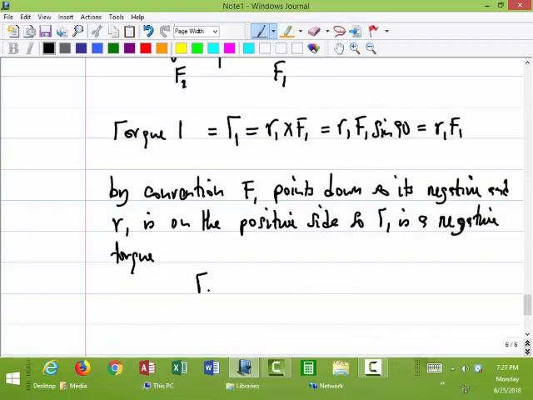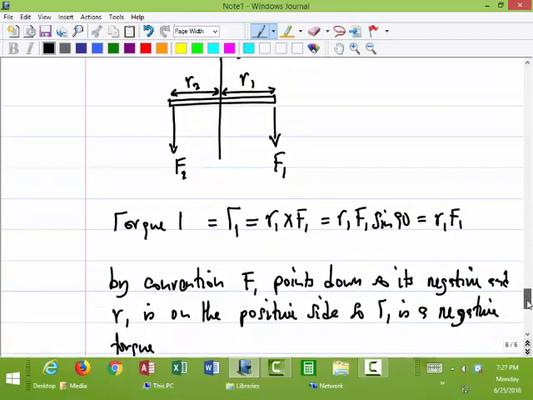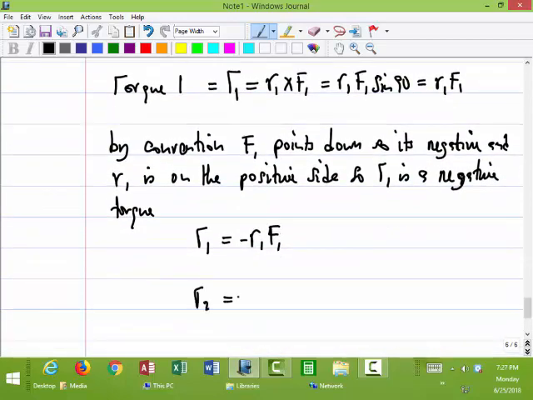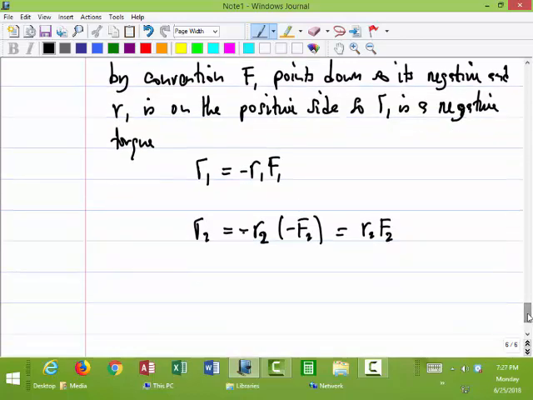So we can write torque 1 to be equal to minus R1 F1, because F1 is negative and R1 is positive. Then for torque 2, the force is again negative, and the distance R2 is also on the negative side, so we shall have minus R2 and minus F2. So this torque is positive. So torque 2 is a positive torque.